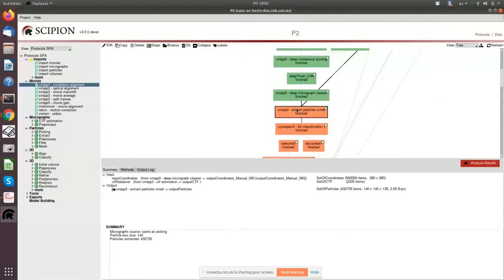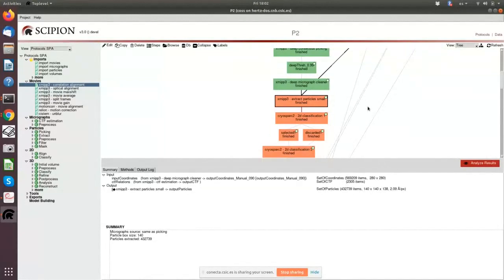Let's go for particles. And again, there is not a unique way to do this. This is the way I did it. I find it useful, but it doesn't mean that you have to do it like that. So I normally extract the particles at a small size, with this relatively tight box.